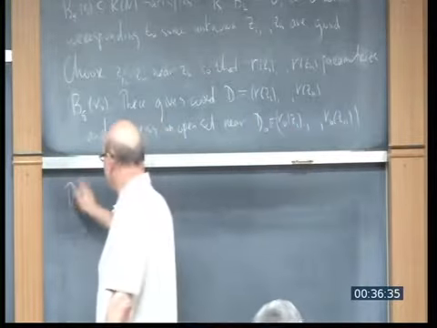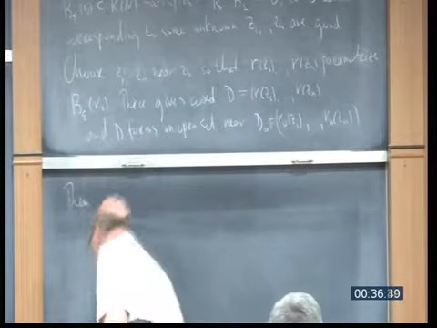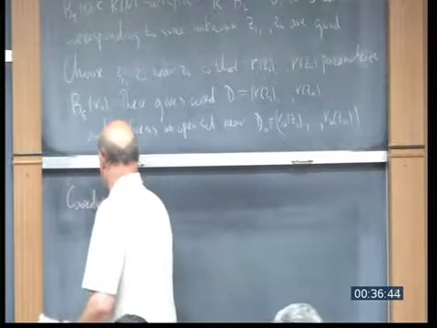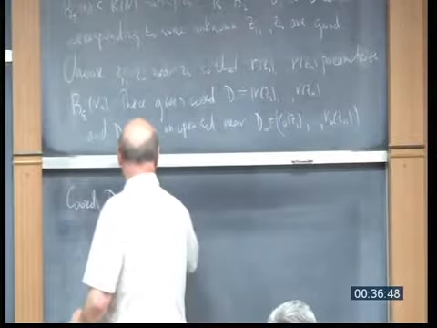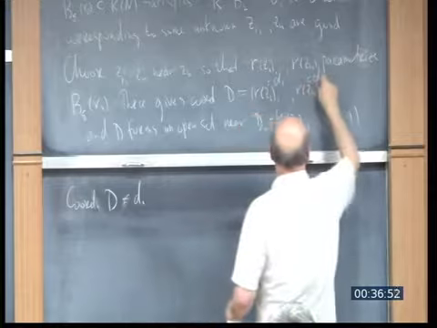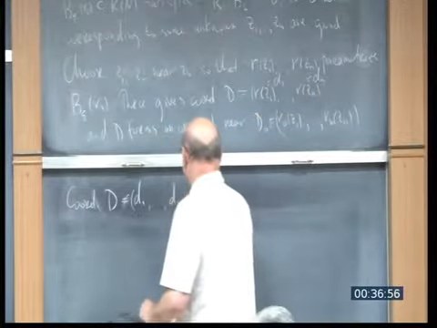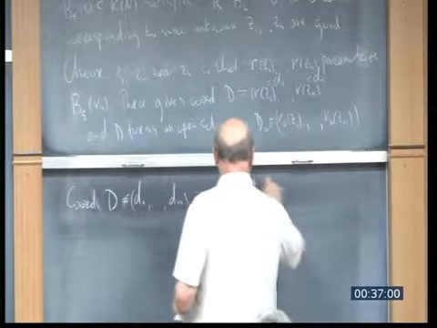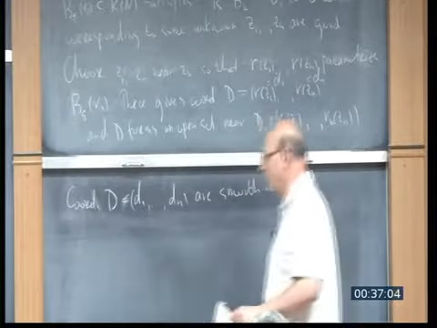These coordinates d equals d1, ..., dn are smooth coordinates if you have the following.